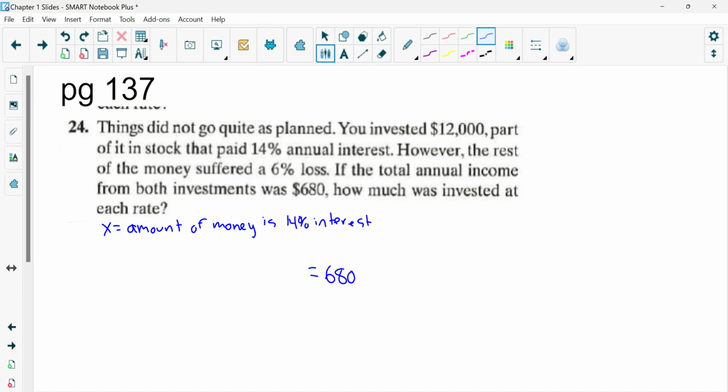We don't know how much we put in that 14%, but we know we put 14% of that money in, so I'm going to call that 14x. Now we have to figure out how much money we put into this 6% loss. Since it is a loss, we are going to be subtracting, and 6% is 0.06.